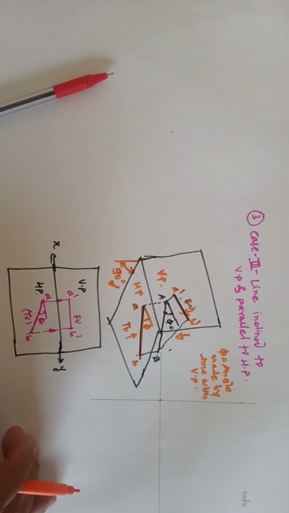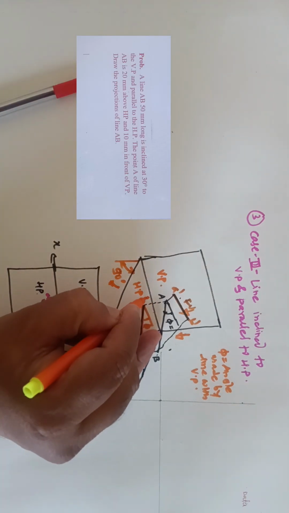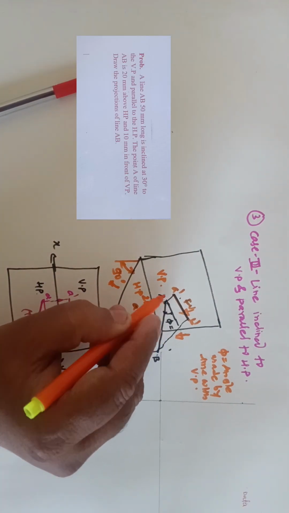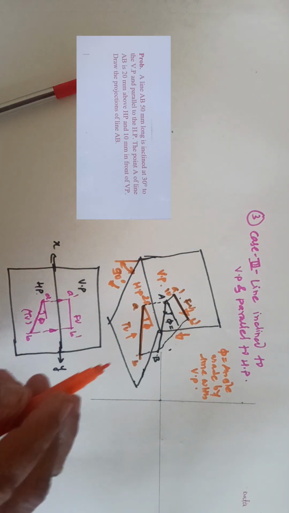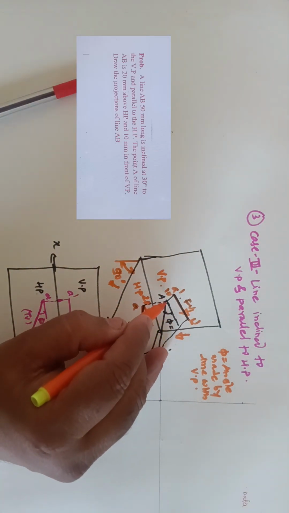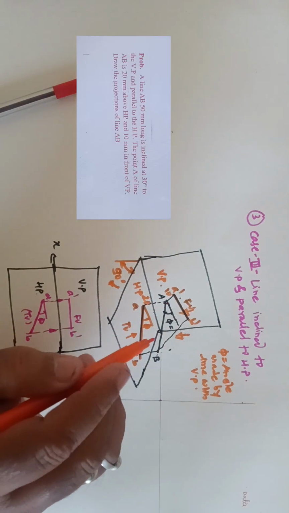Now we will solve the problem with exact dimensions. The problem statement is that line AB, 50 mm long, is inclined to VP by 30 degrees and parallel to HP. Its one end A is 20 mm above HP and 10 mm in front of VP.